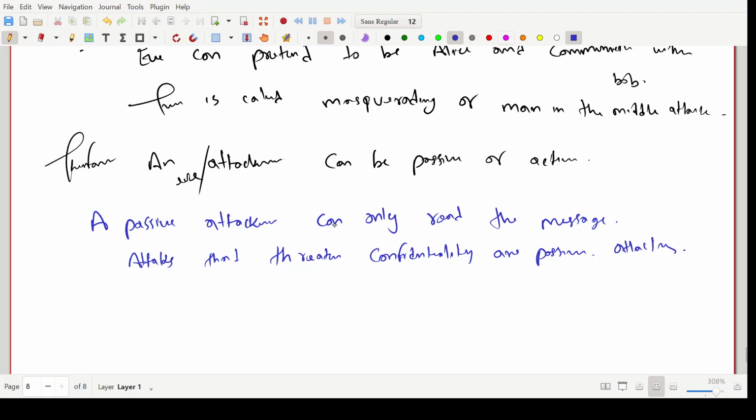Okay, and what is an active attack? An active attacker can even modify the message, or can harm the system.